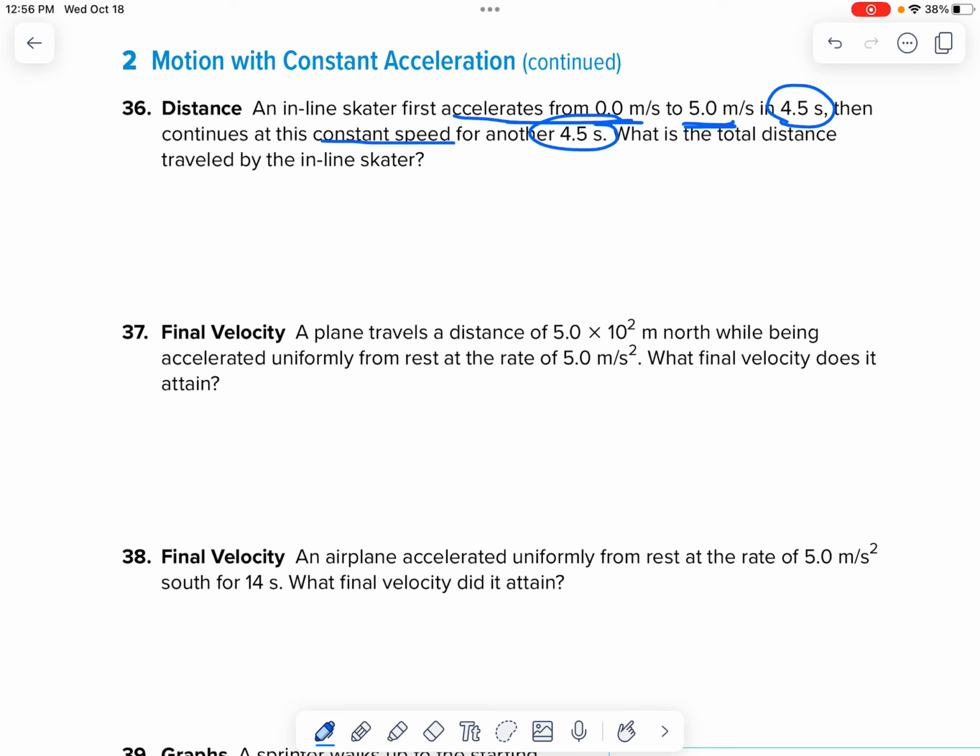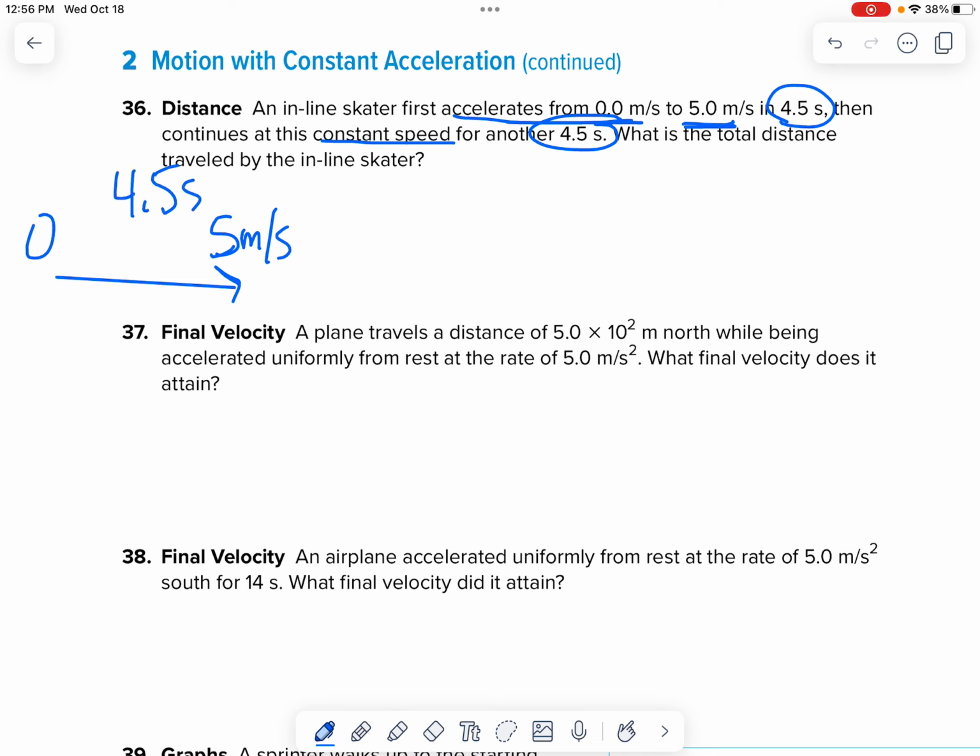So this might be a good place where you draw a diagram. The skater is going to go for an initial 4.5 seconds. Here he's going 0, and here he's going 5 meters per second, and that happens in 4.5 seconds.